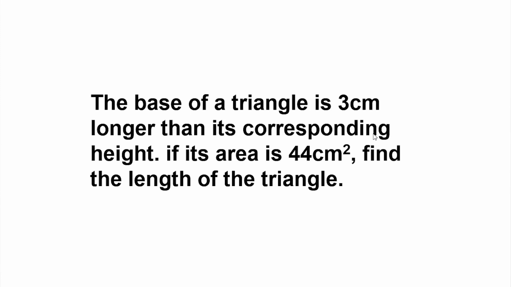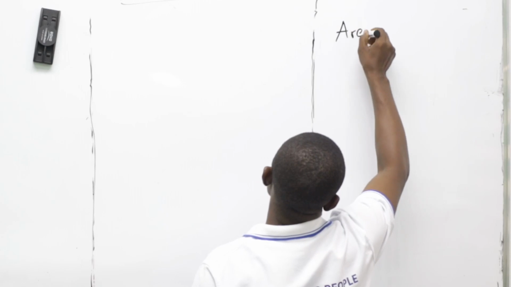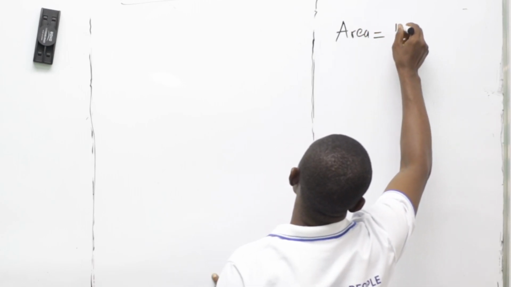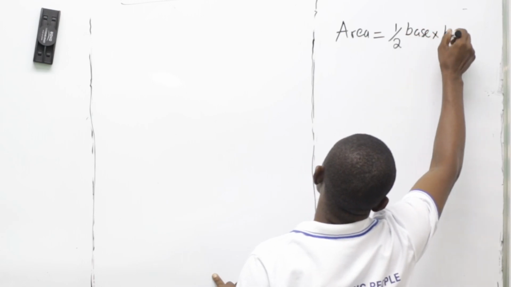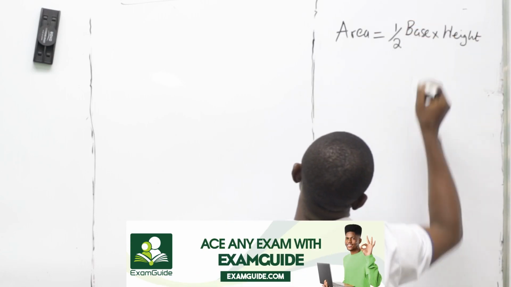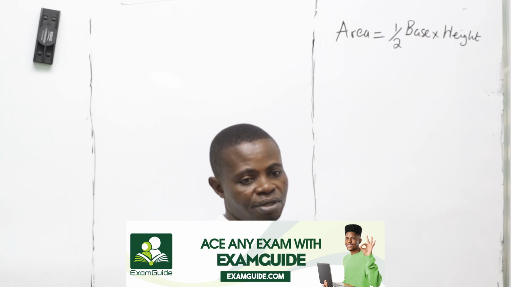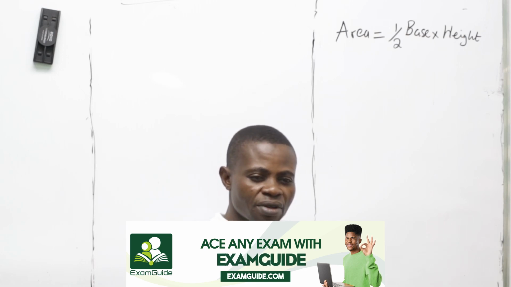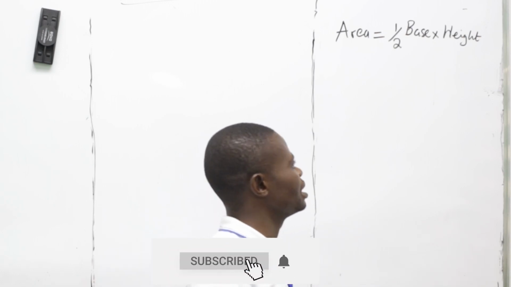First of all, since area is involved, the first thing here is to know that area equals half base multiplied by height. That is 1/2 BH. Now the base of this triangle is 3 cm longer than its corresponding height.